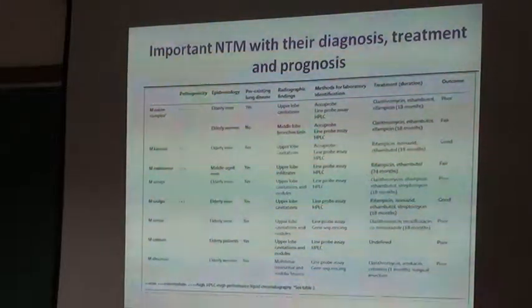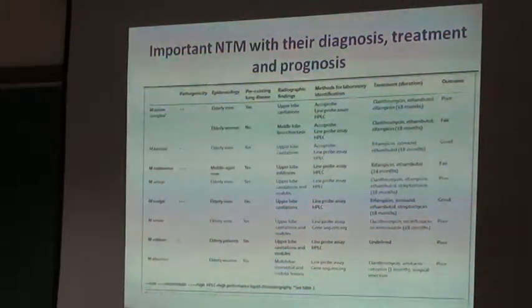Now this is a paper from Lancet 2008. This shows the important NTM species along with their diagnosis, treatment and prognosis. The most important diagnostic methods, which I have already told, are culture, line probe assay and high performance liquid chromatography. These are generally used for all the NTM species except two species.